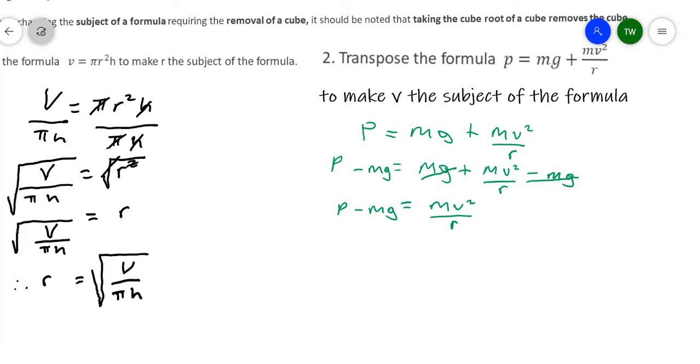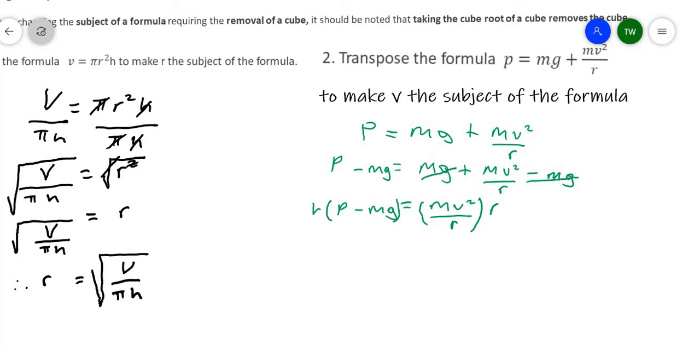Now, when you look at what is happening to mv squared, we notice that that is being divided by r. So we need to transfer the r to the other side of the equation. So we're going to multiply both sides by r.